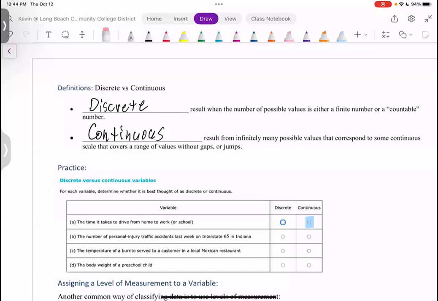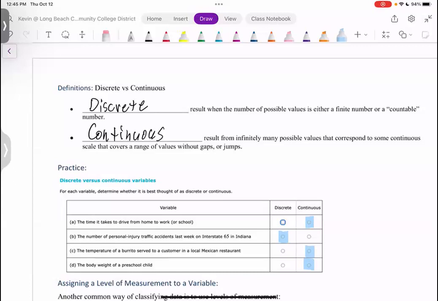That is definitely discrete because we can count those. We can count exactly how many of those happened. Part C, the temperature of a burrito served to a customer in a local Mexican restaurant. That is definitely continuous. Part D, the body weight of a preschool child. That is also continuous.